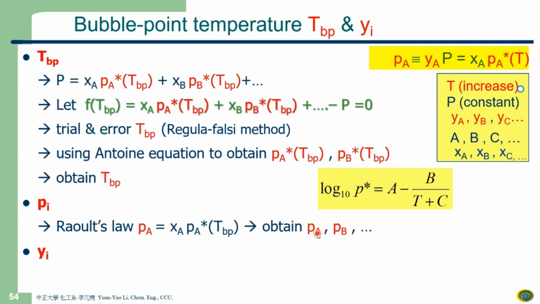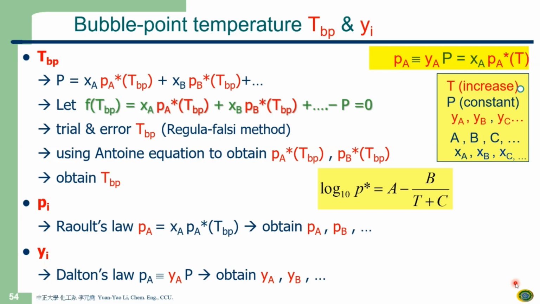So you will obtain the partial pressure of A, B, C. And once you know the partial pressures of A, B, C, according to Dalton's law, you know the molar fraction of species A, B, C in the gas phase. So this is how you get the answers for these three: the bubble point temperature, the partial pressure of the i species, and the molar fraction of the i species.